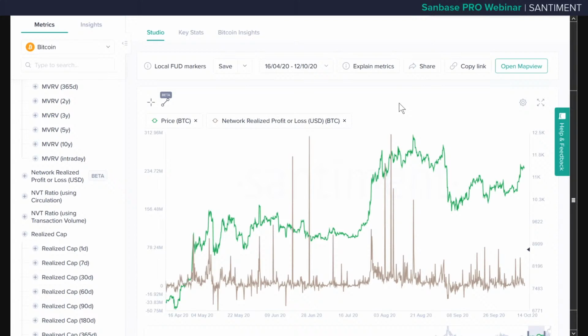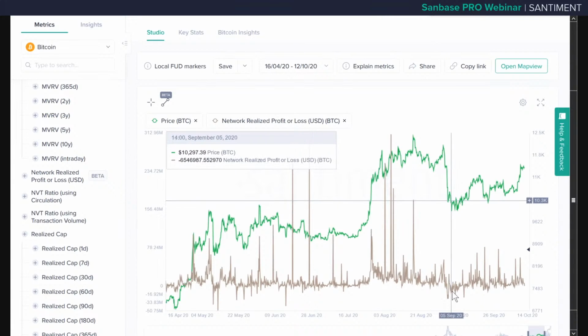Yeah, there we go. So, for example, you can see on a lower time frame these drop-offs also coincide in Bitcoin's network profit loss here, as well as here, and then during the September 1st to sort of 5th, even 10th period.